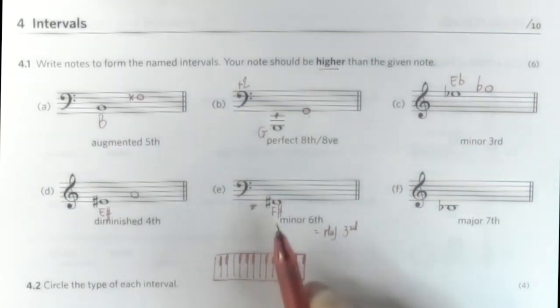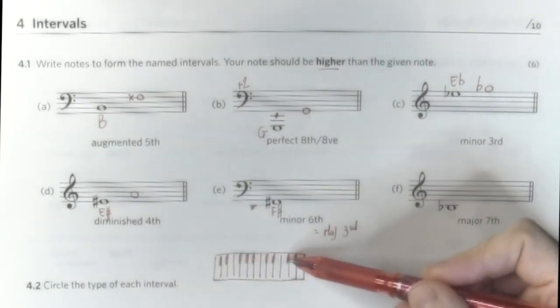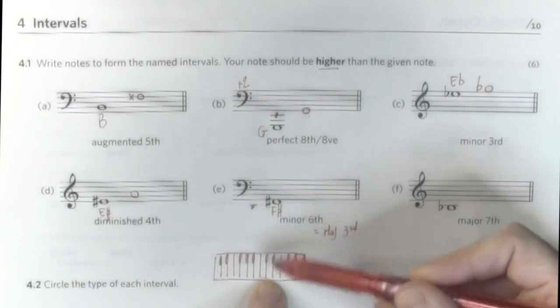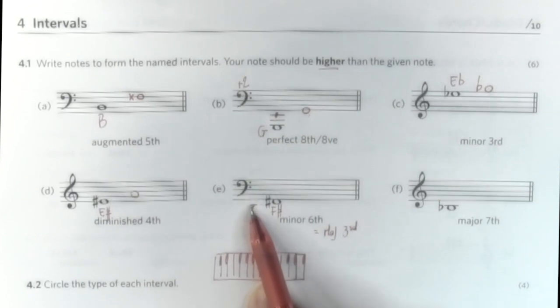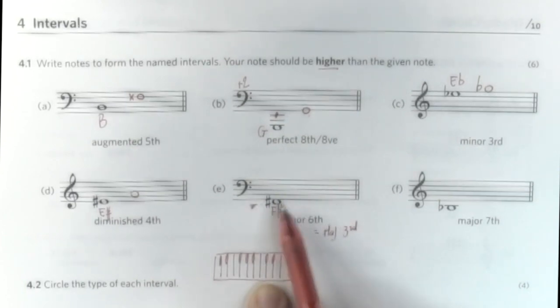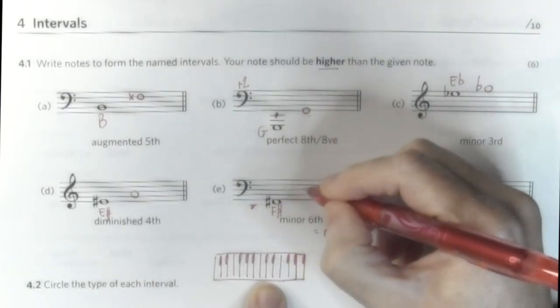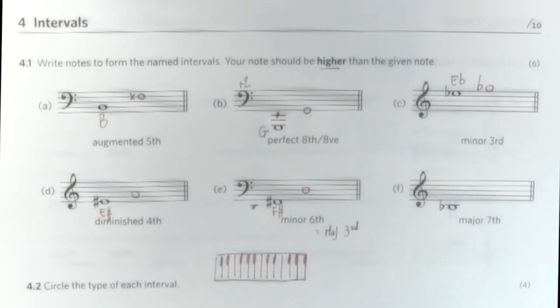This is a third. So from Fa sharp, 1 and 2. Re is exactly a major third. Now, if we raise it up an octave, a major third becomes a minor 6. So I only need to write a Re here, and that's it.